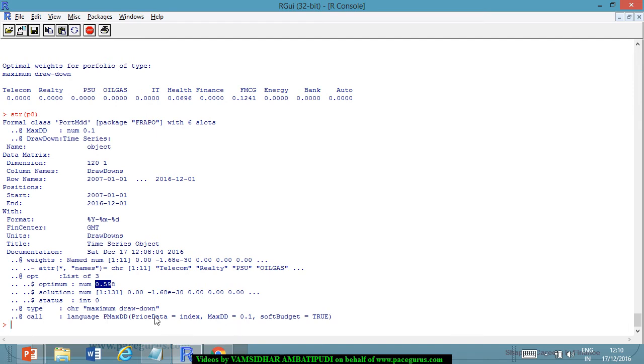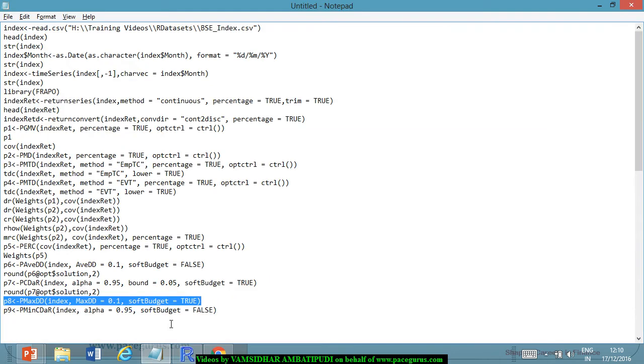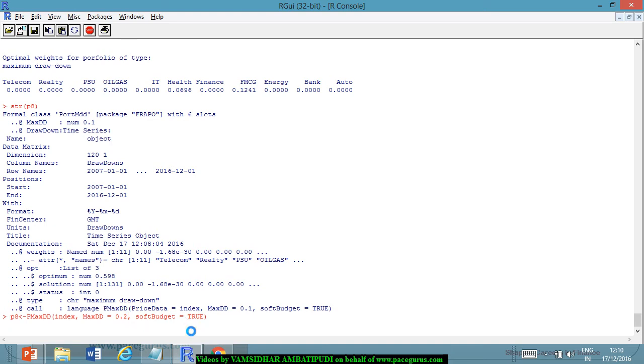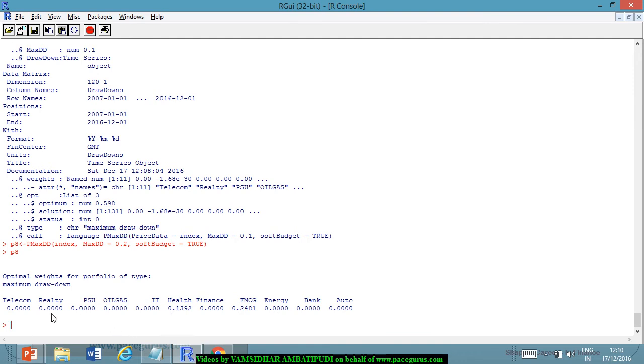So that's how we are putting a maximum drawdown constraint. If I have a maximum drawdown constraint of 10% for this particular portfolio, this is what is coming out to be my weights. But if I say my maximum drawdown constraint is 20%, then my P8 has slightly different numbers.